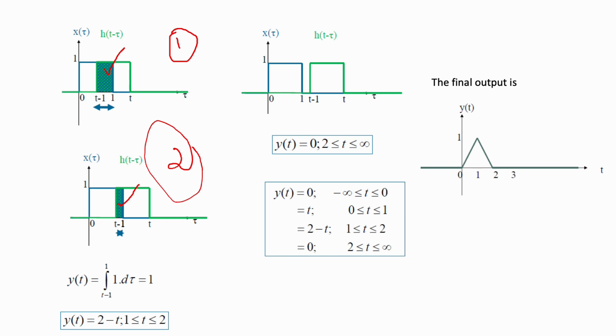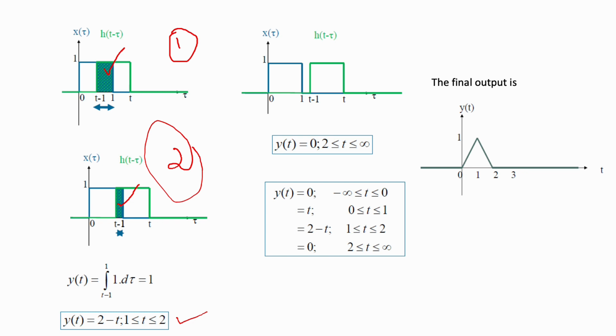Now what will be the limit? The lower limit is t minus 1, the upper limit is 1. What will be the amplitude? It is 1. Now you integrate it, substitute the lower limit and upper limit. This will be the answer. Now, if you keep moving, there will be no common area.